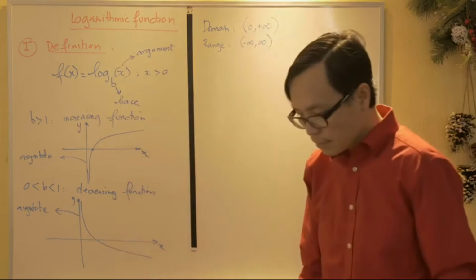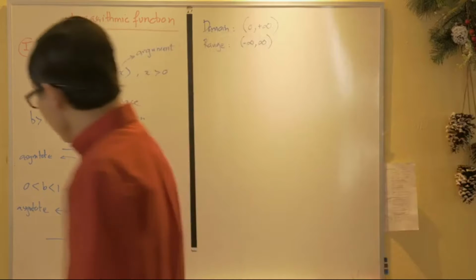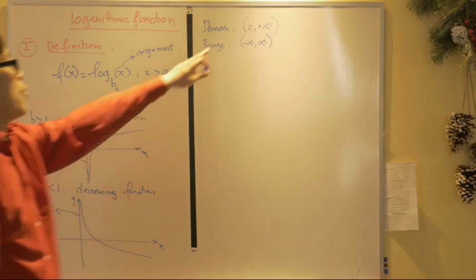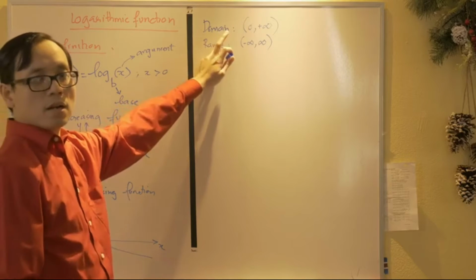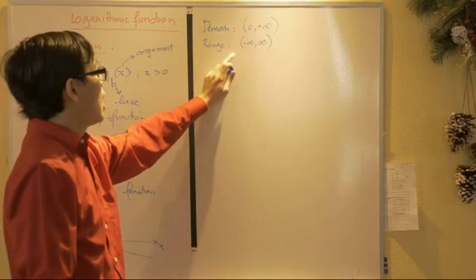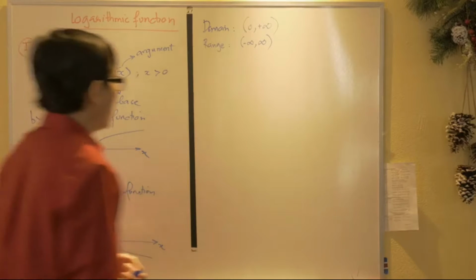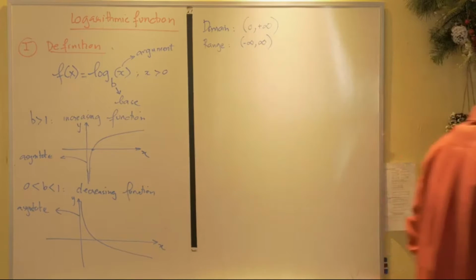However, as I already told you, if the vertical asymptote is not the y-axis anymore, for example, it moves to the left or to the right, then the domain will be different. However, the range will be the same. Okay, I can give you an example.